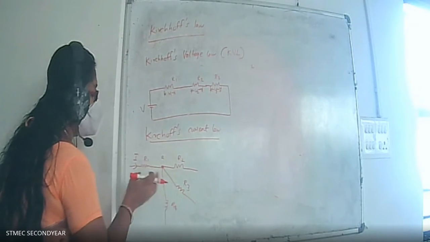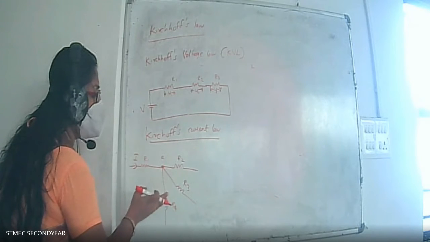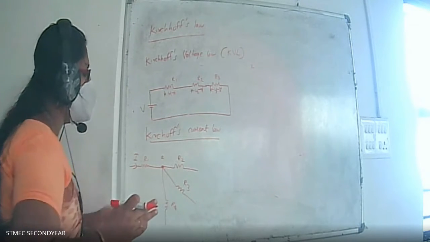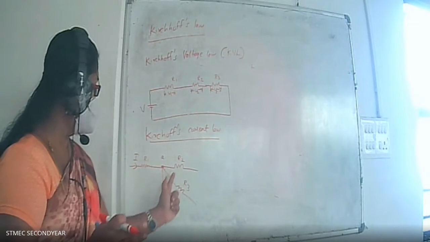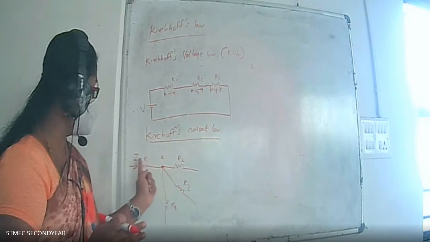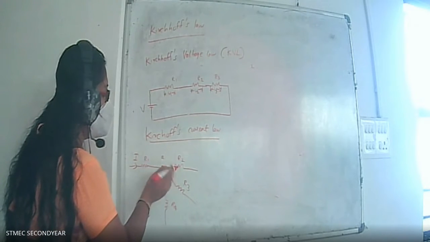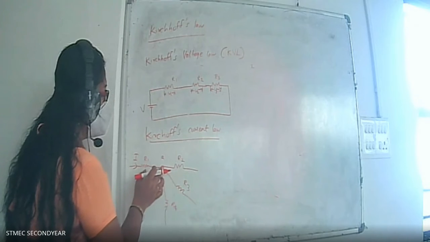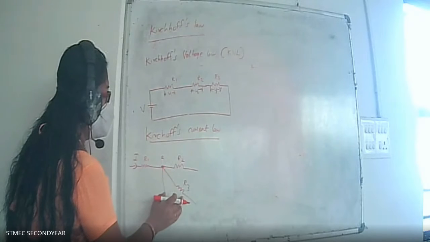So the current splits into different paths based on the resistance value, or the opposing force to the current. If the resistance is high, low current flows through it; if the resistance is low, more current flows through that path.